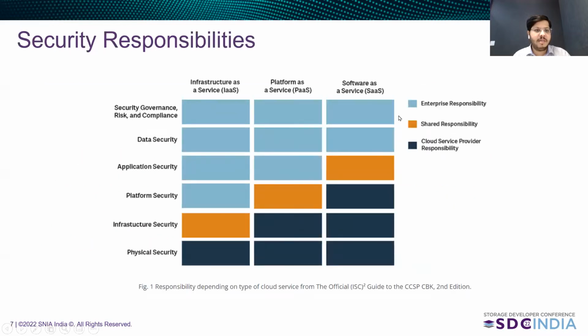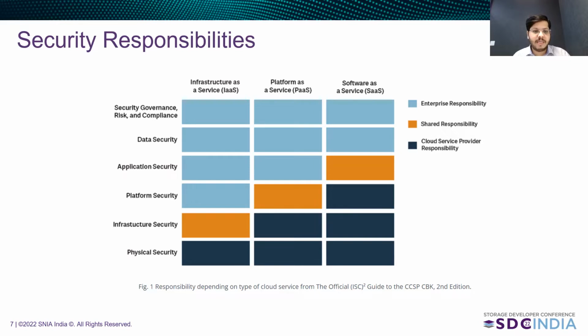This is the security responsibility chart. We can see the security responsibilities depend on the service model and the security layer. For all the service models, the physical security layer is completely the responsibility of the cloud provider.